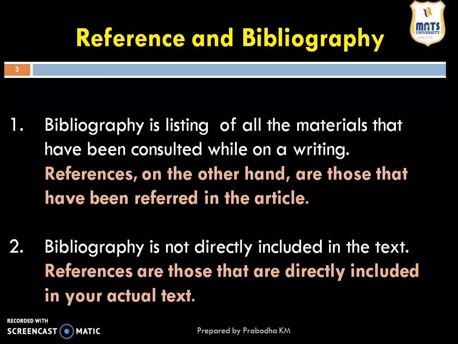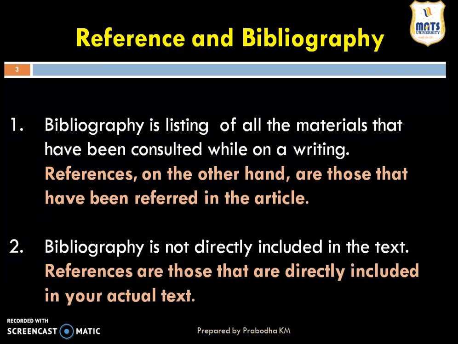The first point is that a bibliography is a listing of all the material that has been consulted while writing, and on the other hand, references are those that have been referred to in the article.